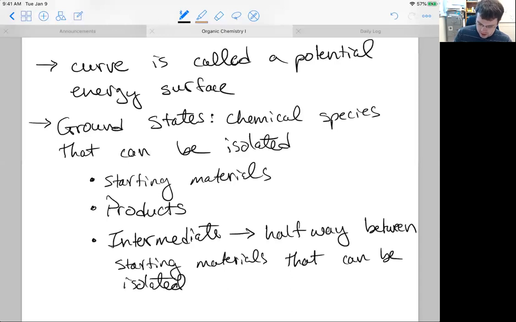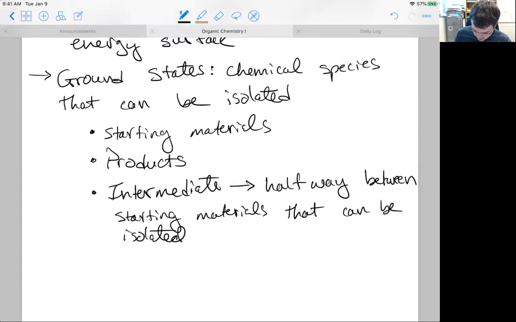Okay, now the intermediate is going to feel a lot like this next feature of our potential energy surface, again, the curve within our energy diagram, and that is the transition state. But there's a key difference.